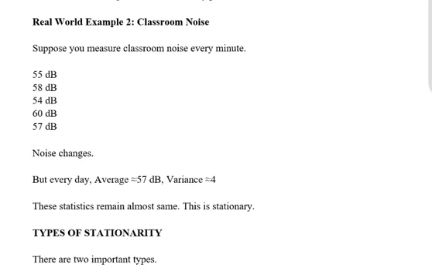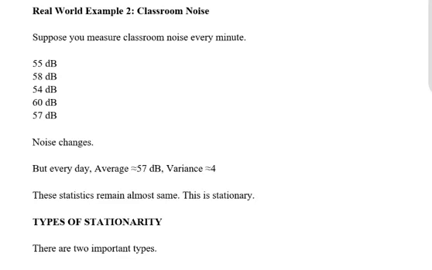But the average in a day is 57 decibels, and the variance is going to be 4. And if I measure it tomorrow also, the average is going to remain the same. By this, we can come to a conclusion that whenever the statistics of a process remain the same, then I can call it a stationary process, or a stationary random process.